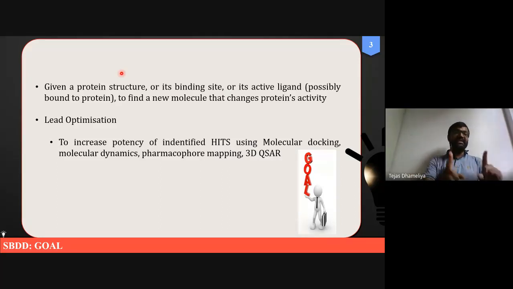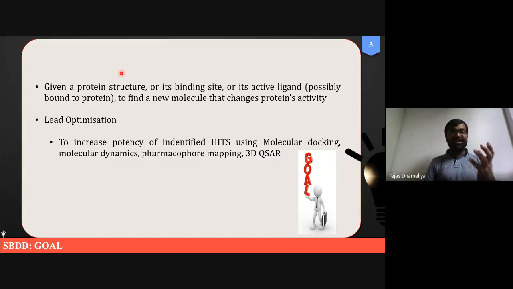Keeping this in mind, the Government of India has recently released a program called the Drug Discovery Hackathon. This Drug Discovery Hackathon 2020 is a program where students like you and faculty like us can take part in drug discovery against COVID-19.